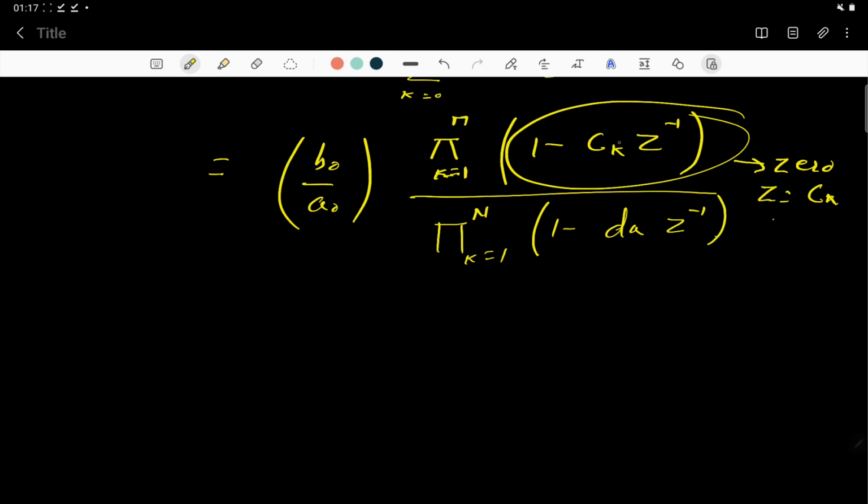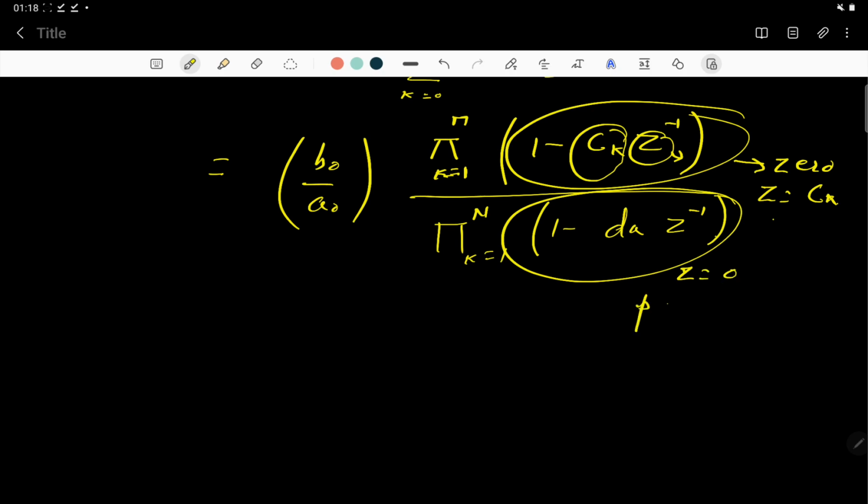Okay, if z is equal to c_k, then it will contribute to zeros. You understand that if z over here is equal to c_k, this will become 1, and 1 minus 1 is equal to 0. All right, and each factor of 1 minus d_k z inverse contributes a zero at z equals 0, and a pole at z equals d_k.